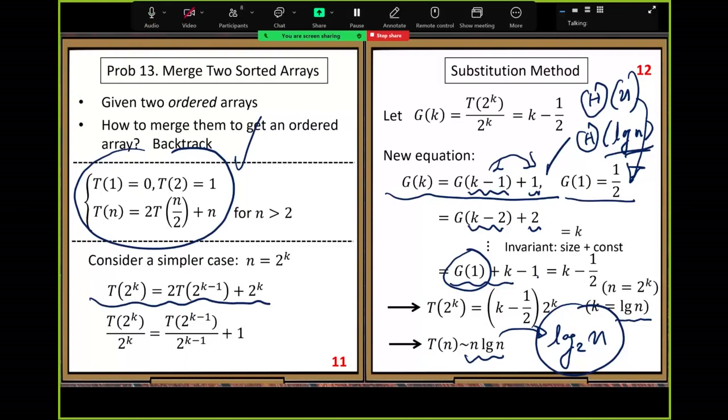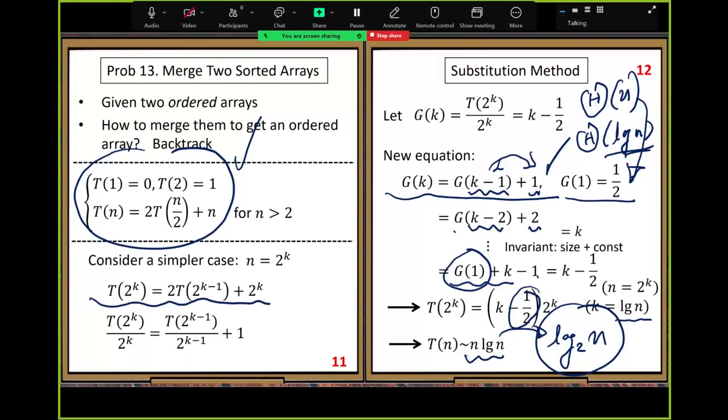So we can ignore minor terms. So we feel very comfortable throwing away minus 1, and throwing away that little constant difference.